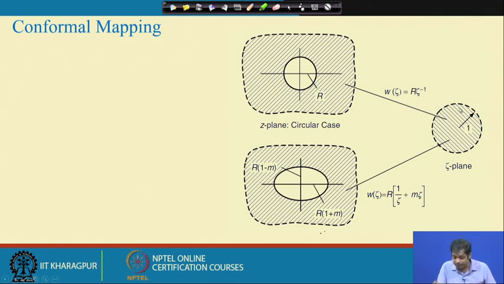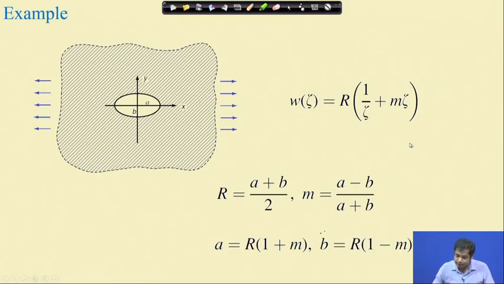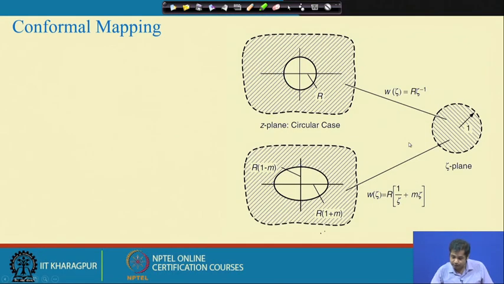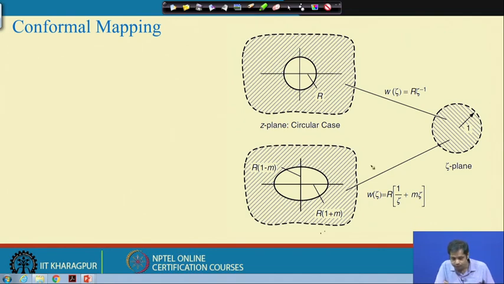Looking at the outer periphery, it is a circle, the dotted line. Now, it is mapped to the z plane, and this map is like this. So z is equal to w of zeta.